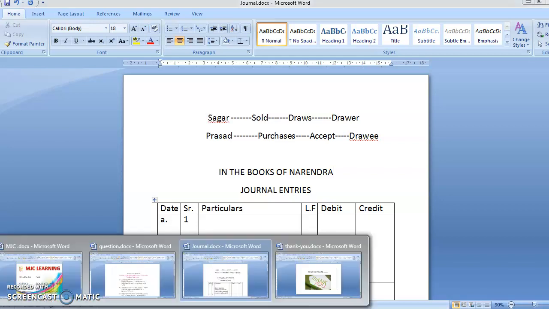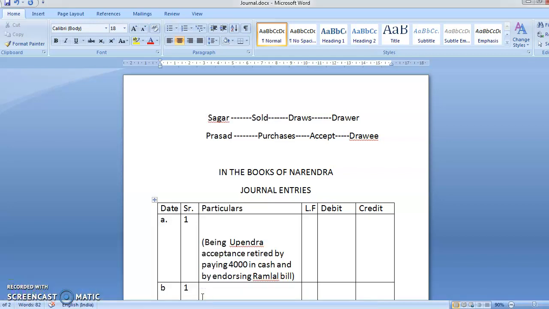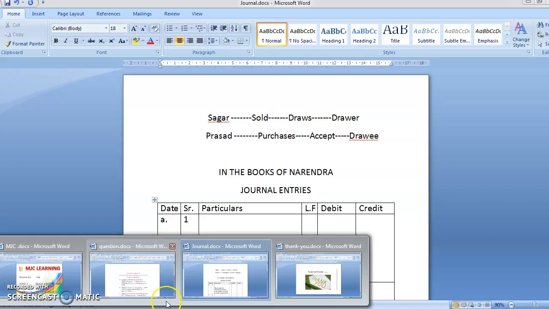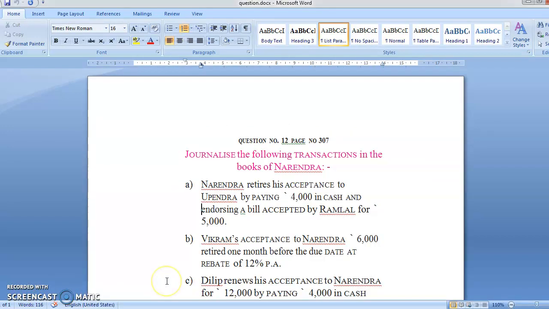So in the same way here also you are going to think of it. What is the sentence? Narendra retires his acceptance to Upendra by paying 4,000 in cash and endorsing a bill accepted by Ramlal for rupees 5,000.